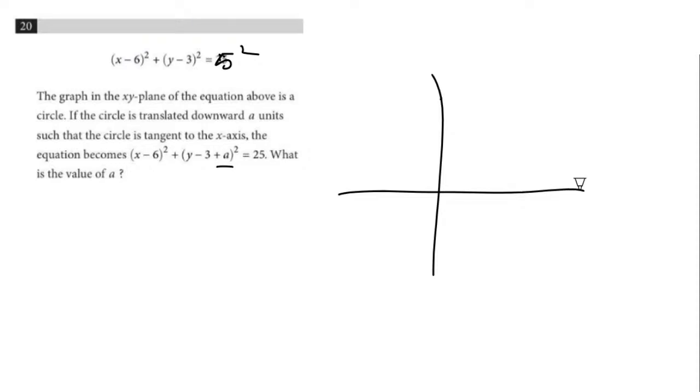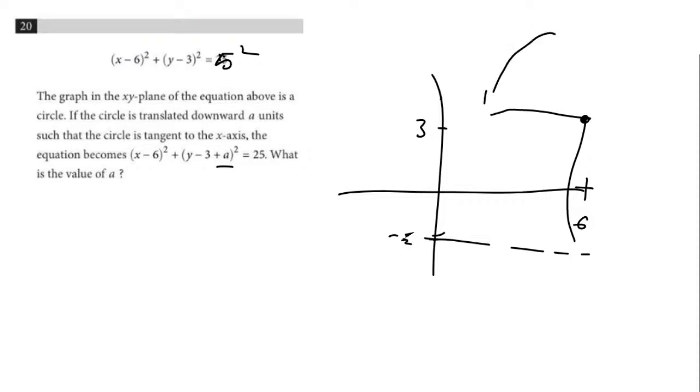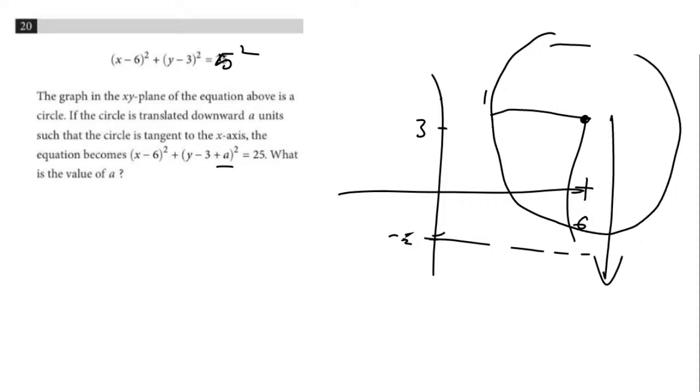I'll redraw it. Okay, radius is 5, so it's somewhere here and here, right? Minus 2, agree, it should be somewhere here. So it's something like this, and it says it goes downwards so that it's tangent to x. Obviously this part cannot be tangent because it goes down, so this part will be tangent.